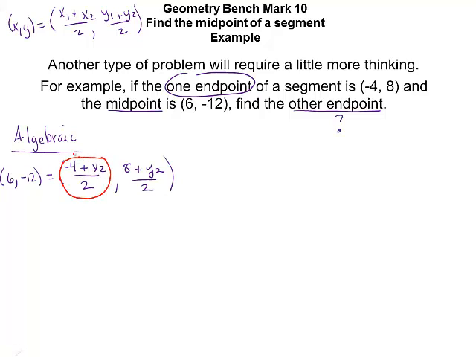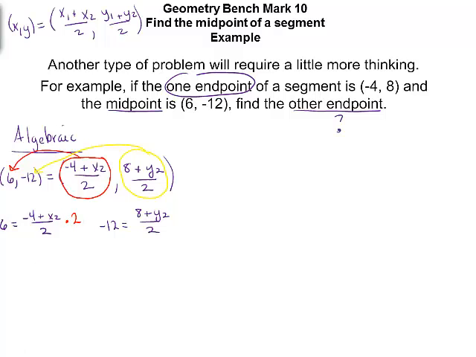This math would give us 6 if we knew the other endpoint. And this math would give us -12. So to set this up, 6 is equal to -4 plus x2 divided by 2. And -12 is equal to 8 plus y2 divided by 2.